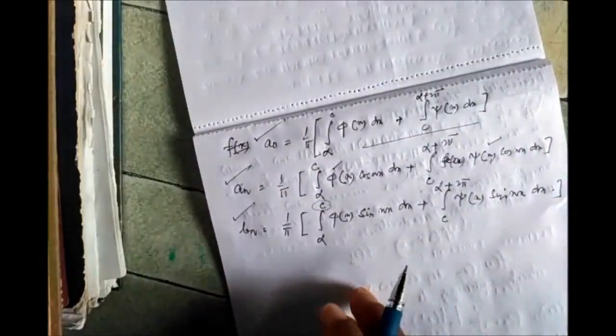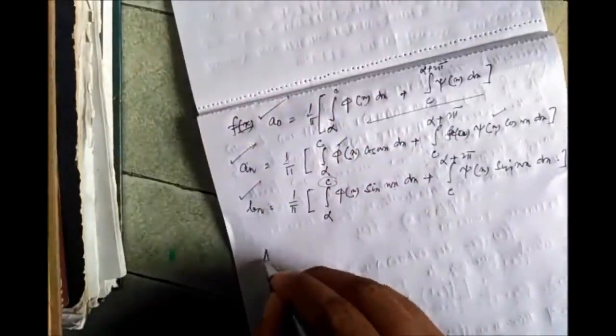So I can write the Fourier series after getting these coefficients a0, an and bn. At the point of discontinuity, at c, there is a finite jump of this graph.